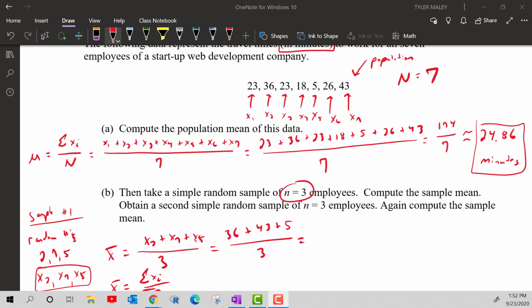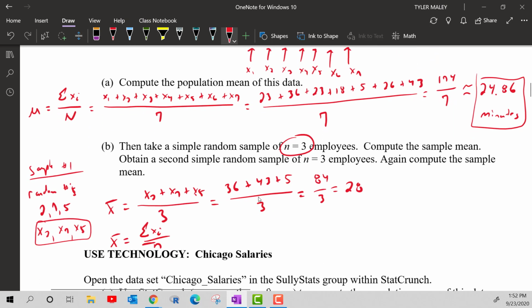Right, so 36 plus 43 plus 5 is 84. I want to divide that by 3, and I get exactly 28. So that was one sample.